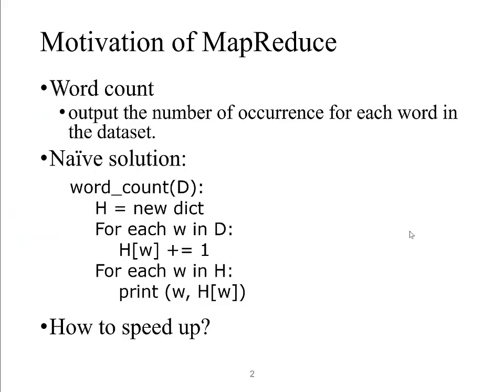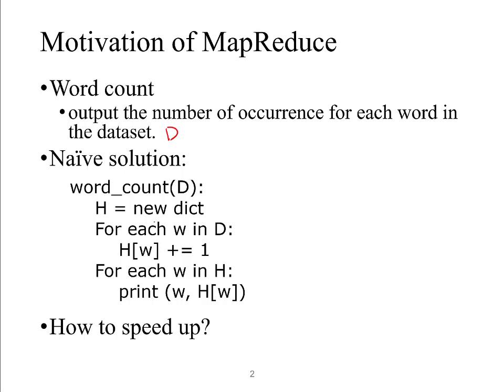All right, so let's look back at our task here. We're going to output the number of occurrences for each word in the dataset. The dataset is D. Here is the pseudocode of the naive solution. This is the function name.